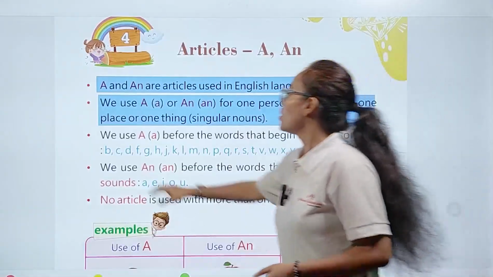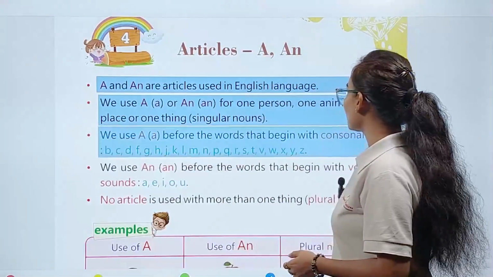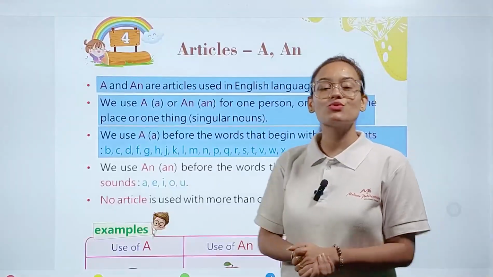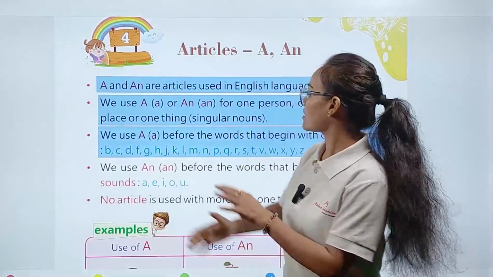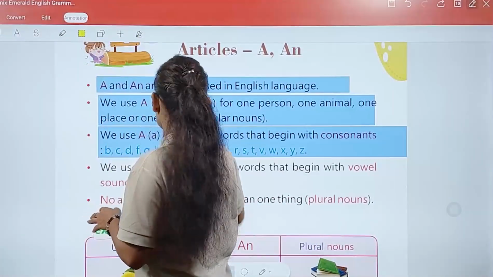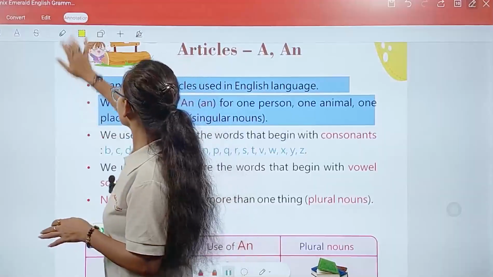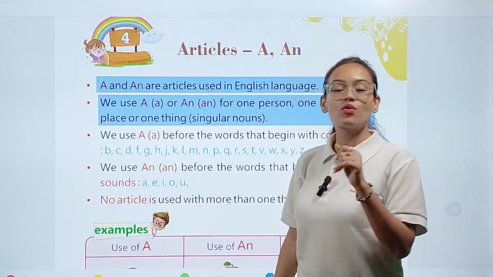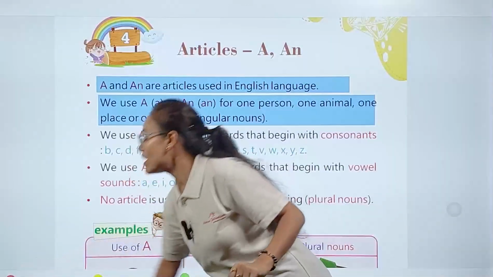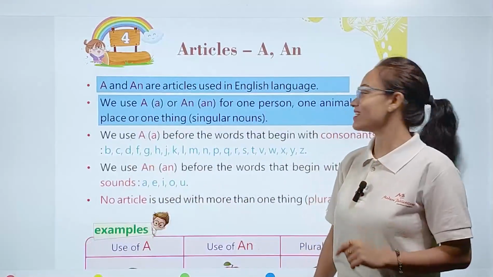We use A before the words that begin with a consonant. So where are we going to use the article A? Let's see.